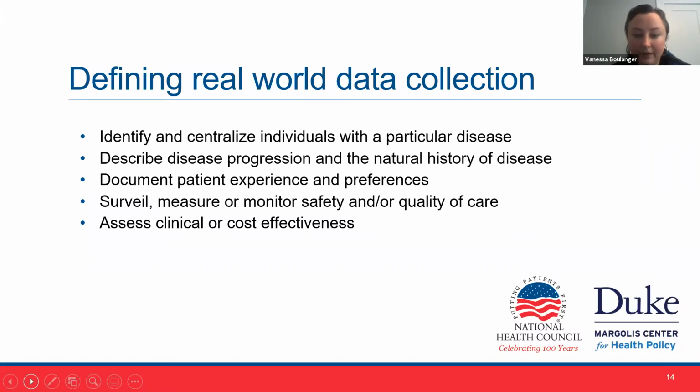So really honing in on how you're designing and defining the real world data that does get collected in your study, and your purpose for doing so, is a very critical first step to optimizing your study design. Defining the community that you're trying to reach and engage with will help to inform who you need to engage at what point, and will help with recruitment as the study evolves.